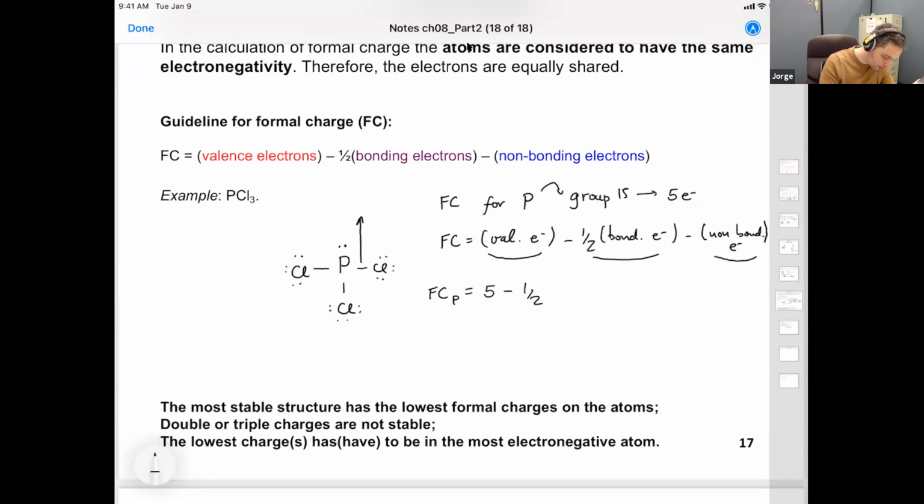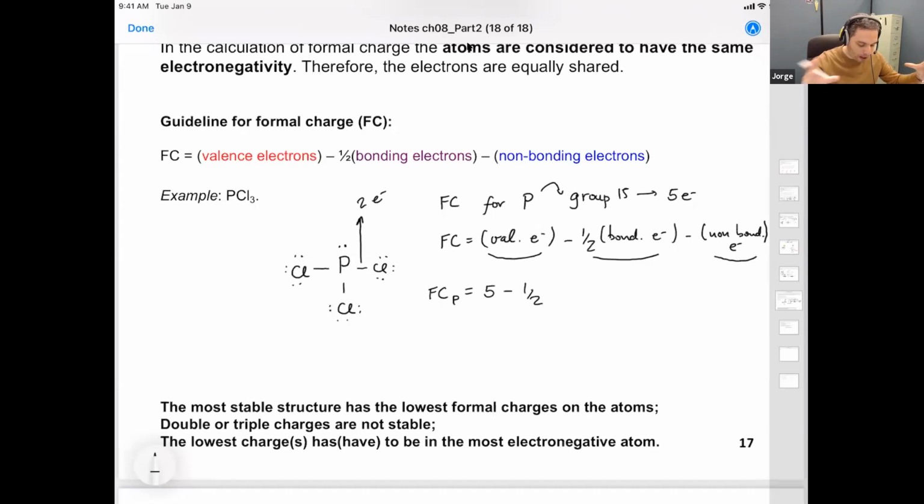Each bond counts as 2 electrons. Therefore, if we have one single bond, that's 2 electrons. If we have a double bond, that's 1, 2, 3, and 4, and so on.